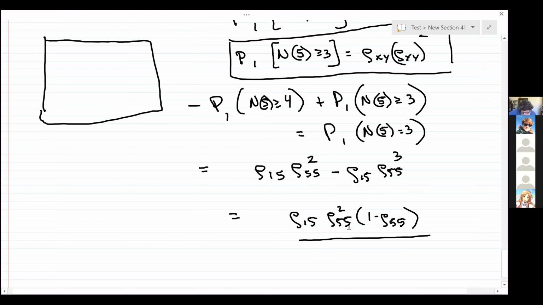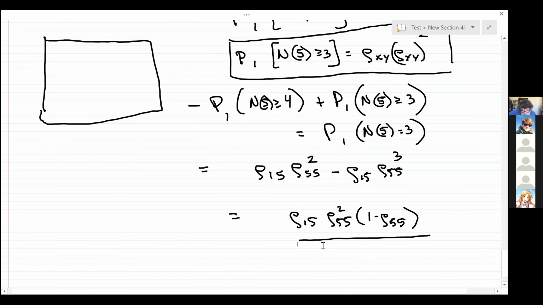However, in this case, you don't want to visit 5 any more times because you don't want it to be greater than or equal to 5. You want it to be equal to 5. So the chance of visiting 5 a fourth time is this, and 1 minus that is the complement. So this corresponds to the probability of not visiting 5 again. So that would be the answer on the test.